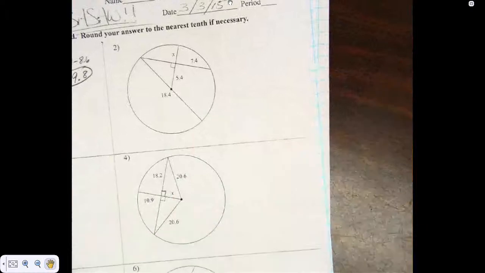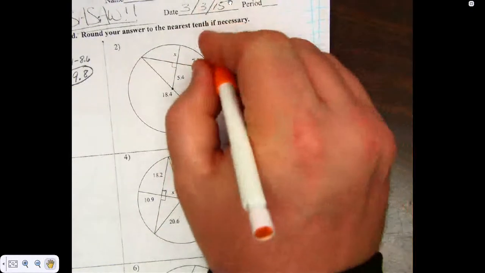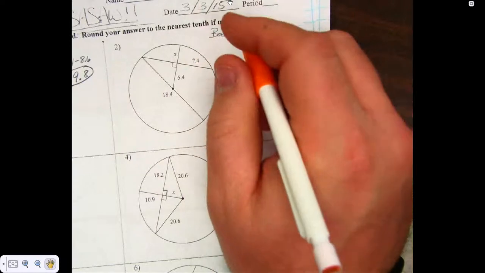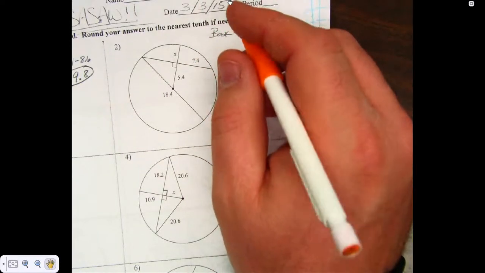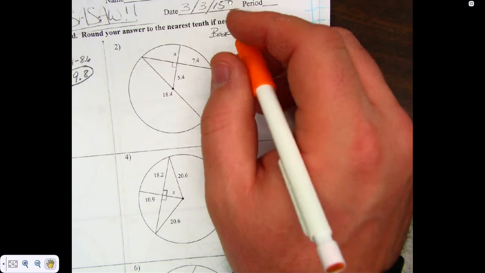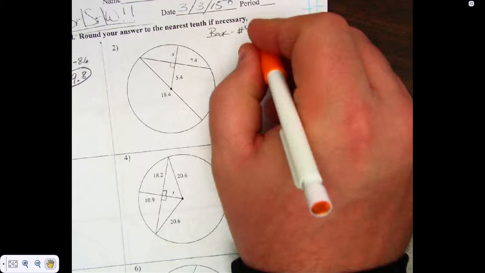Bunch of problems like that, huh? On the top of your paper, from the book, I want you to do these problems. Number 7, 10.